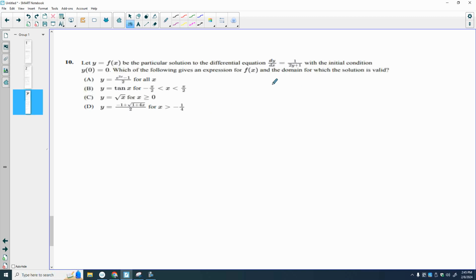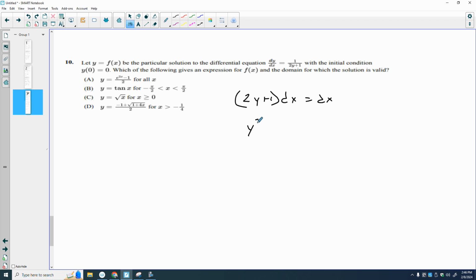I'm not sure how that skewed, but this lettering got all wonky. Predictor solution, more of the same. So we're going to multiply by this, and I get 2y plus 1 dy equals dx.